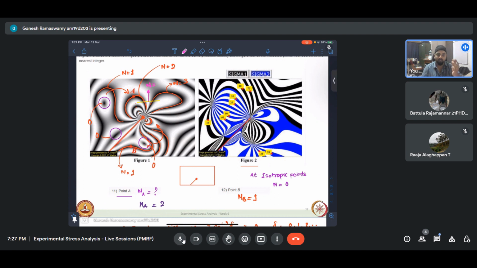It cannot be 7 or 8. Why? Because stress is a continuous function inside the body, which we are analyzing with continuum mechanics. So it will be somewhere around 2.5 or however the gradient is, but it will definitely belong in the domain of 2 and 3, not somewhere outside.